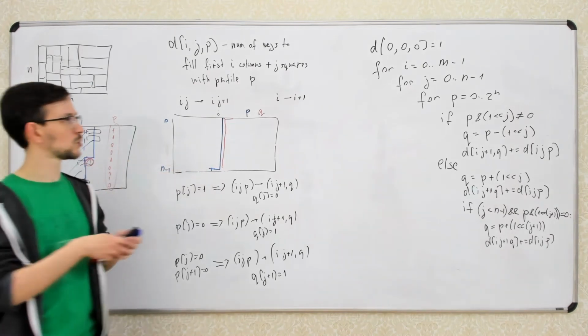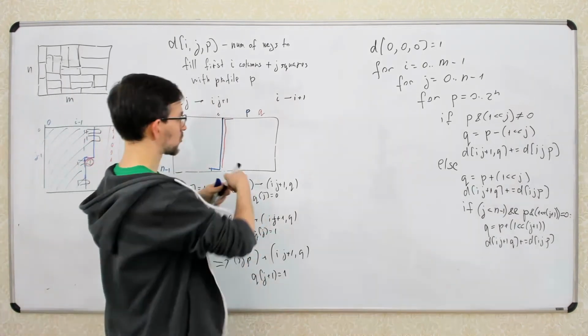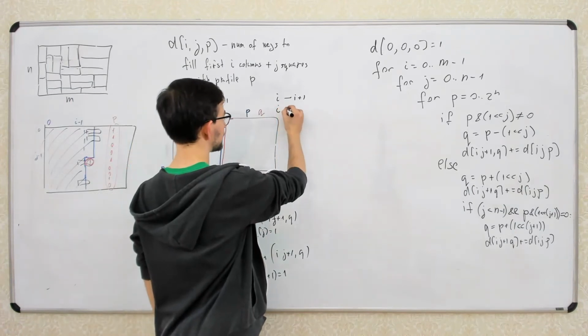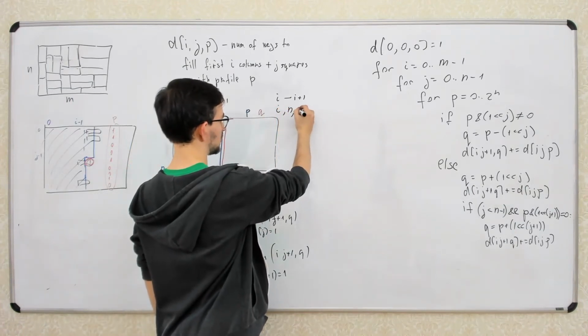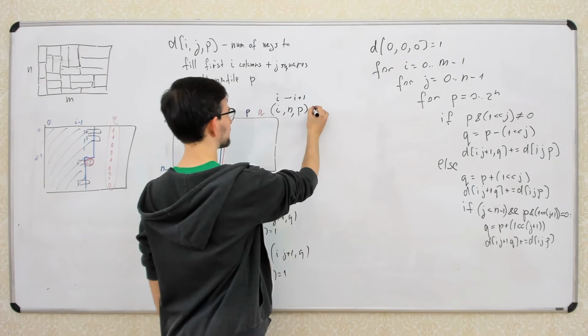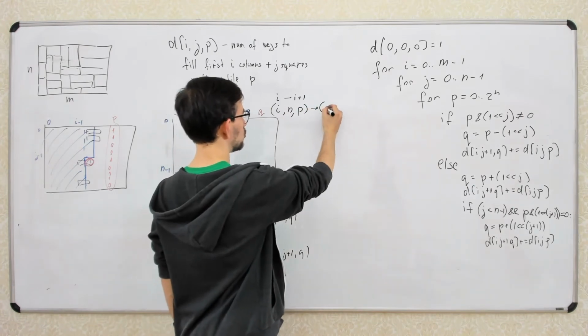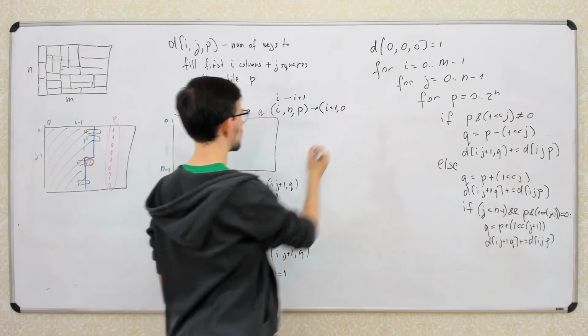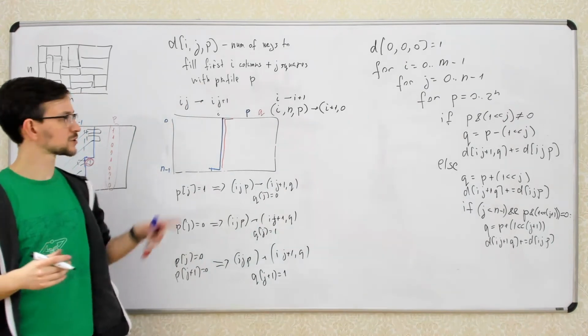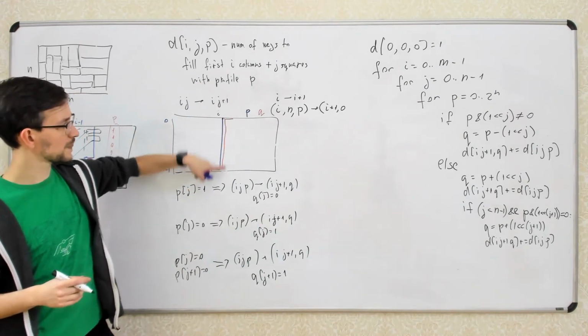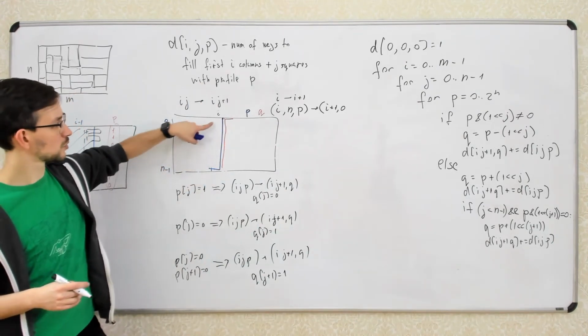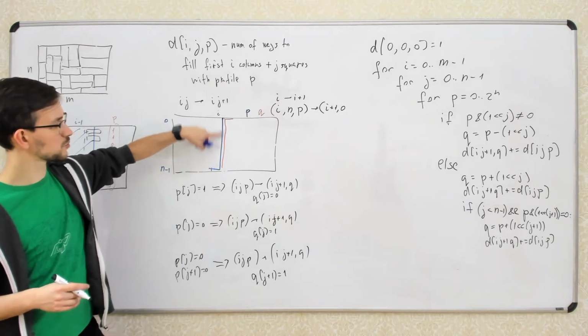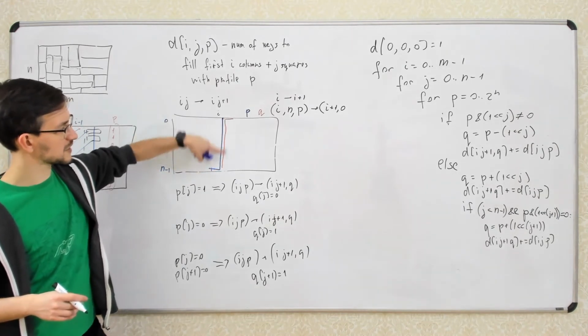It is the same. So we just move from state i and P to i plus 1, 0. And the profile will be the same, because in both these situations we have the same profile here. So in both these pictures we need to care about this n squares.